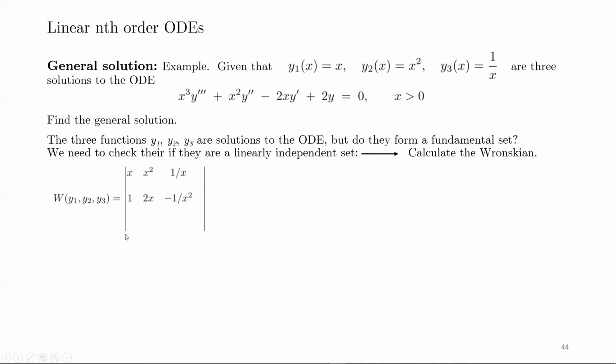And then finally, because we need a square matrix, we need to calculate the next derivative, which of course the derivative of 1 is 0, the derivative of 2x is 2, and the derivative of minus 1 over x squared is 2 over x cubed. So this matrix we've just formed, we calculate its determinant, and that is defined to be the Wronskian.